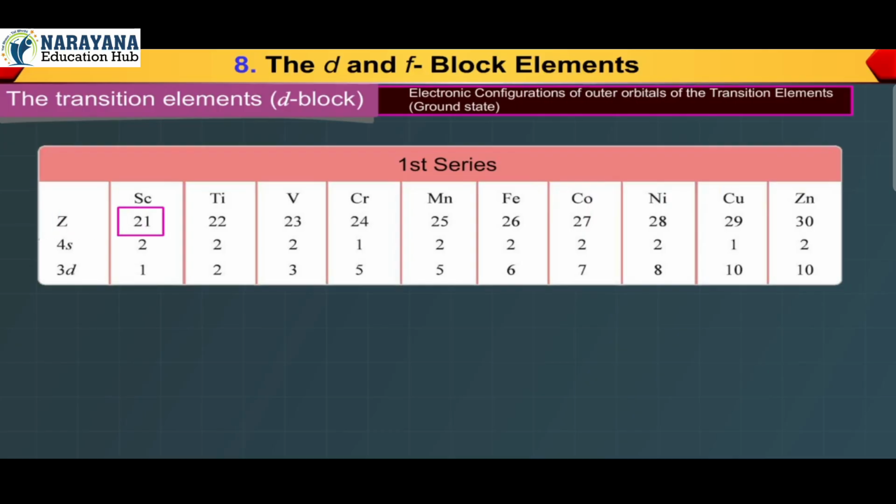Z 21, 22, 23, 24, 25, 26, 27, 28, 29, 30. 4s: 2, 2, 2, 1, 2, 2, 2, 2, 1, 2. 3d: 1, 2, 3, 5, 5, 6, 7, 8, 10, 10.